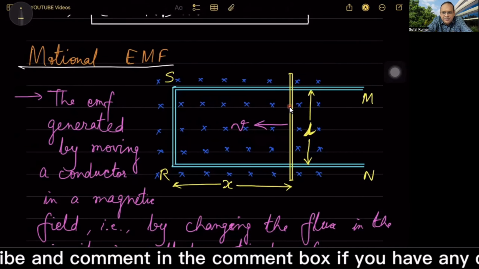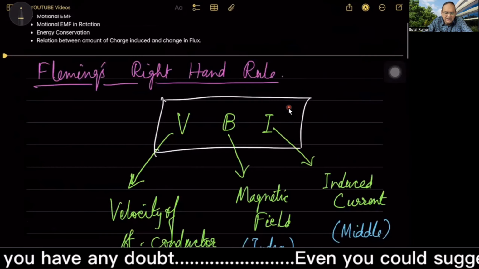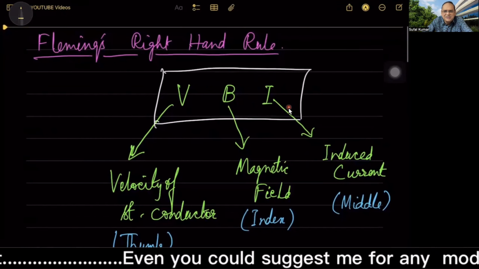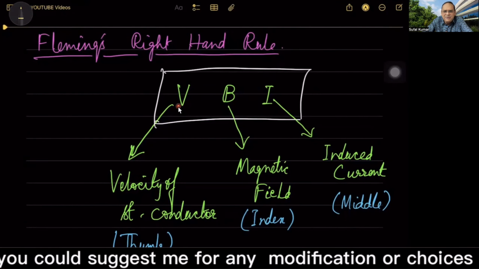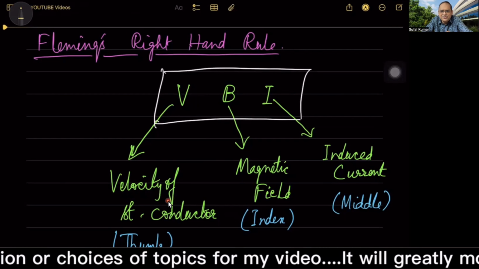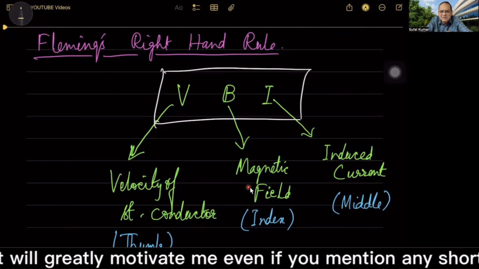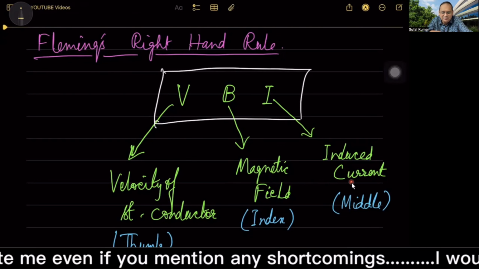Let's see what Fleming's right hand rule says. Initially, we had a discussion on this. V, B, I: velocity of the straight conductor, thumb; magnetic field, index finger; and induced current, middle finger.